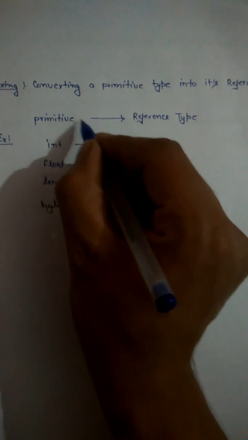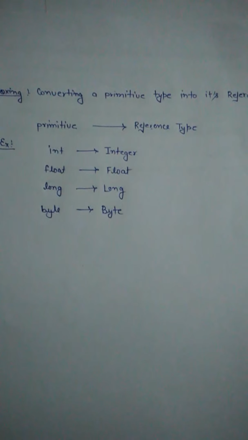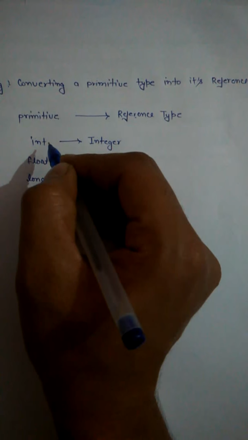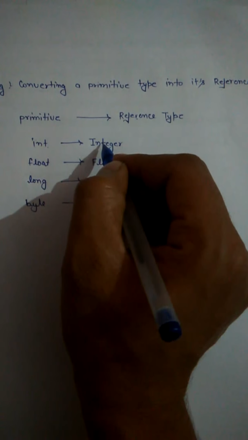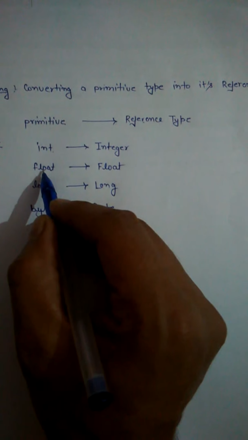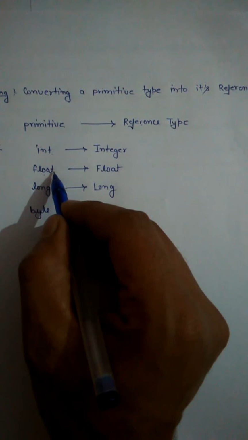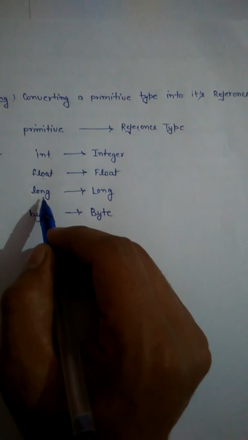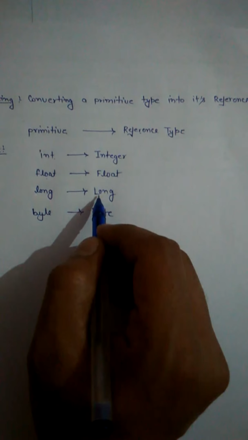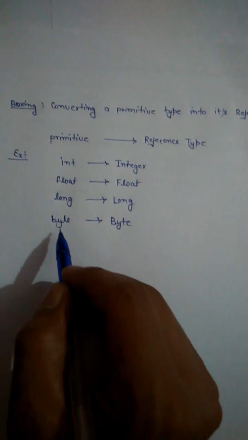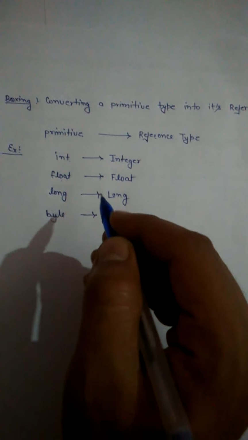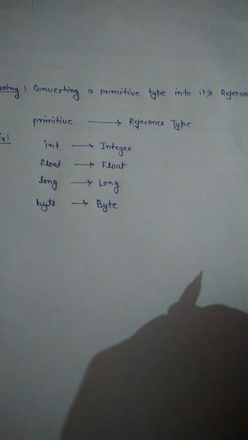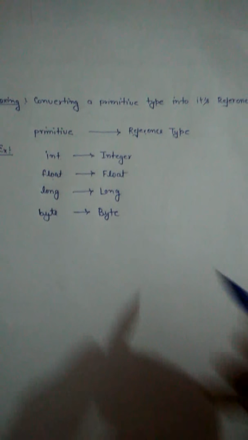A primitive int can be boxed into the wrapper type Integer. A primitive float can be boxed into the reference type Float. A primitive long can be boxed into the reference type Long. A primitive byte can be boxed into the reference type Byte, and so on. So this is called boxing.